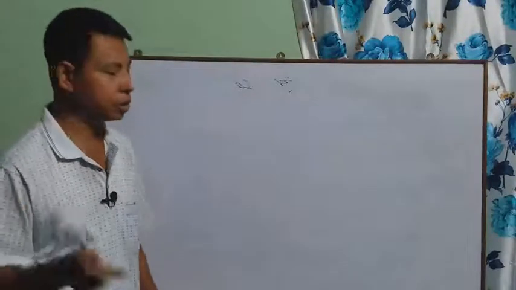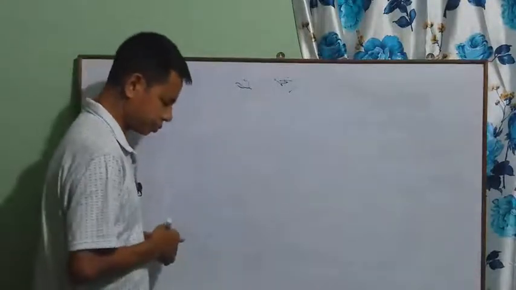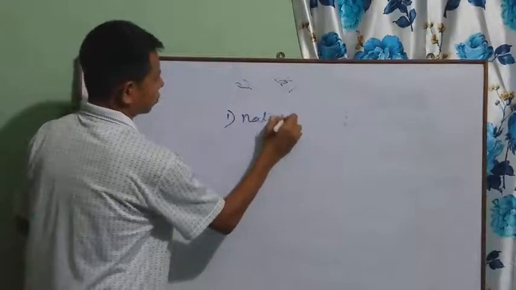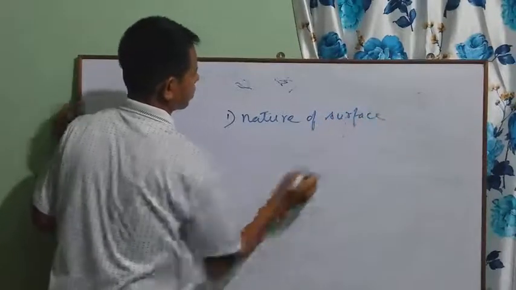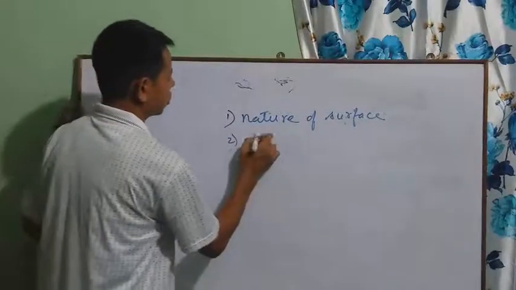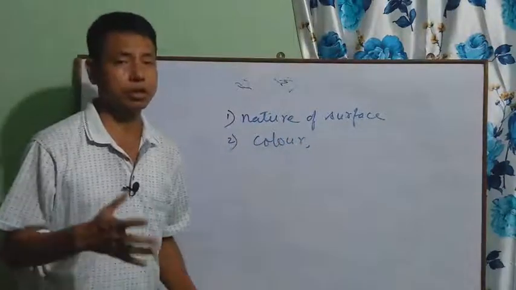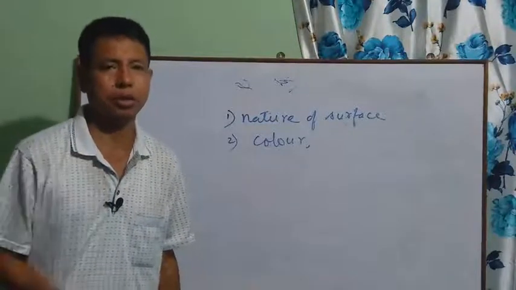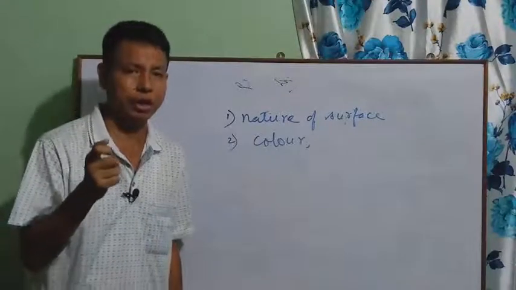Actually there are two ways. Two ways means it depends on two factors. One, it depends on the nature of the surface, and the other one, it depends on the color. If the surface is smooth, then absorption of radiant heat is less.